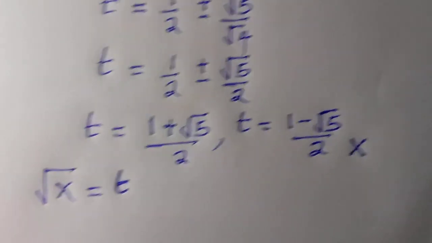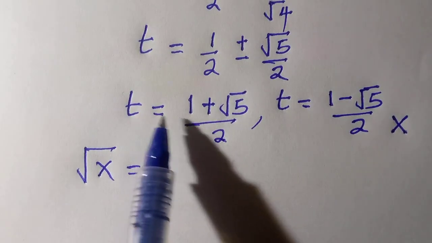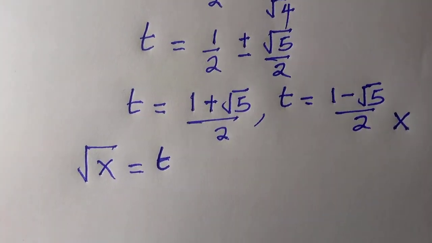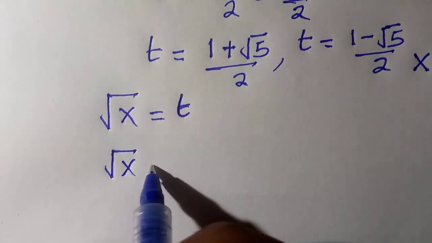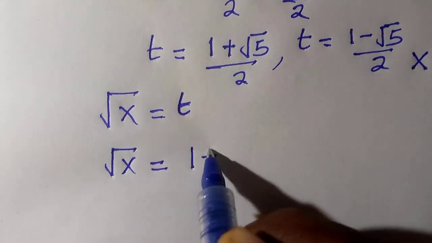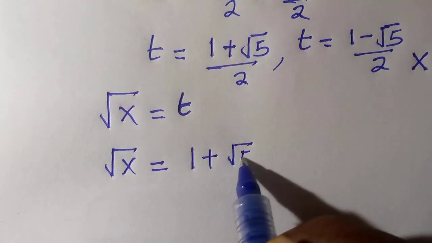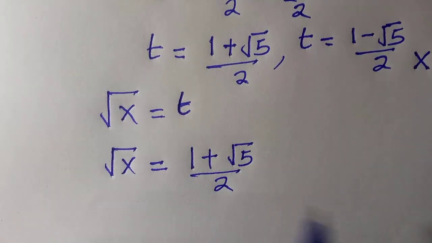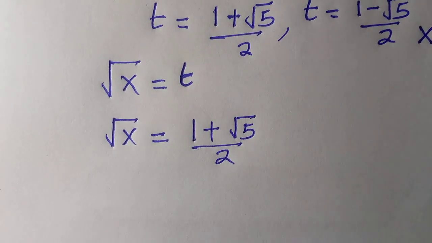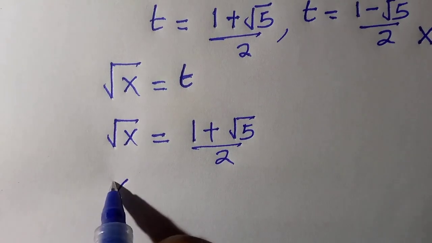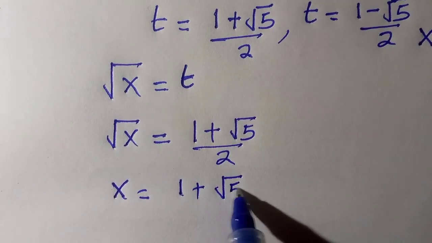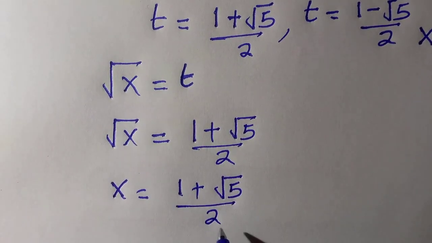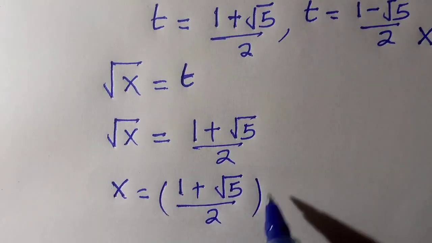And therefore, we substitute the value of t here, which is positive. And we have square root of x equals 1 plus square root of 5 divided by 2. By taking the square of both sides, we have x equals 1 plus square root of 5 divided by 2 all squared.